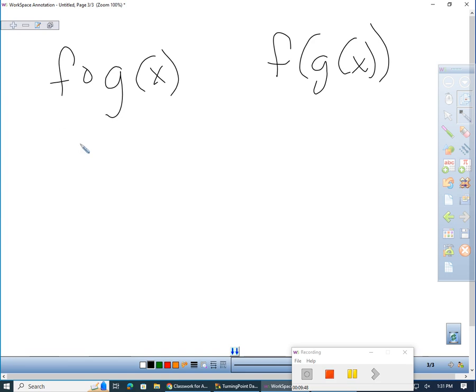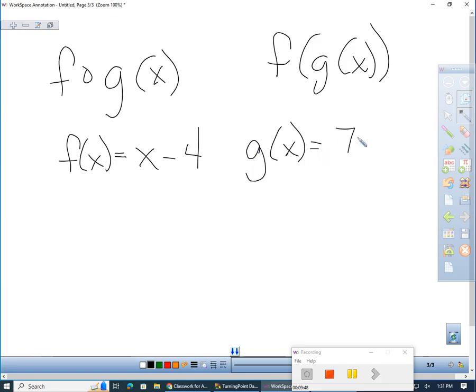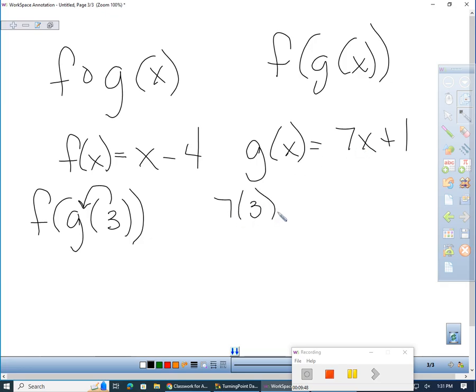Okay, so for example, if I had f of x equals x minus 4 and g of x equals 7x plus 1, and I want to know f of g of 3. I'm going to take this 3, plug it into my g equation. So I have 7 times 3 plus 1. 7 times 3 is 21 plus 1 is 22.